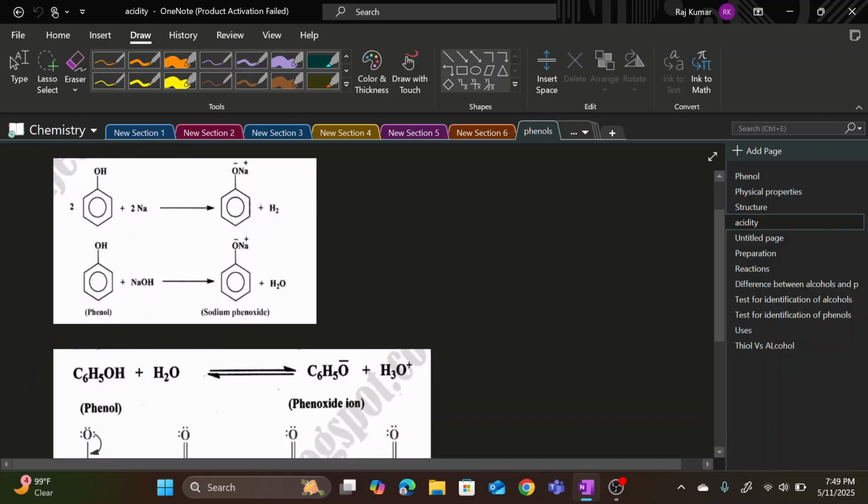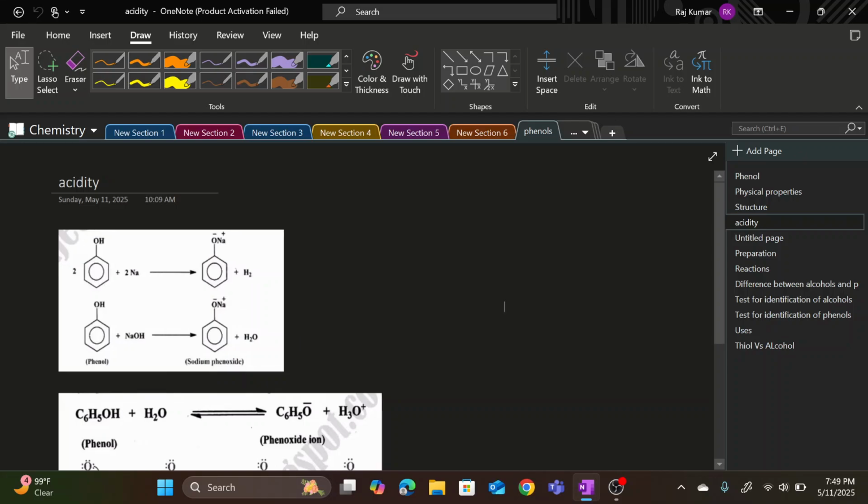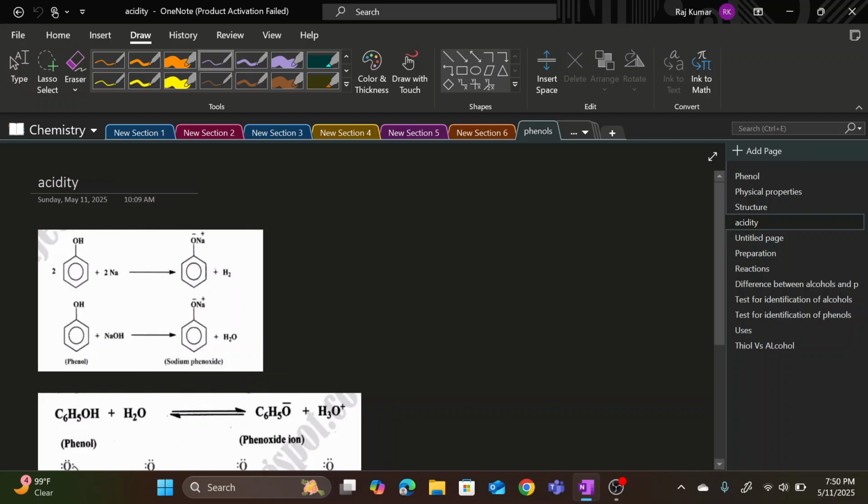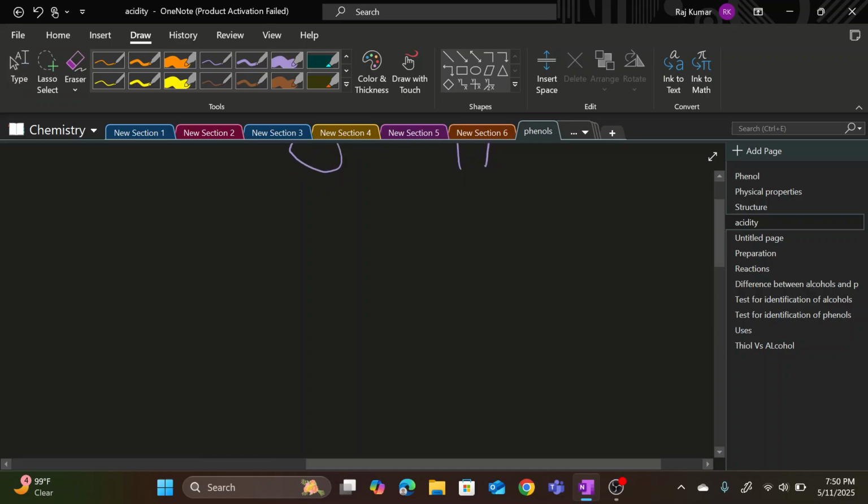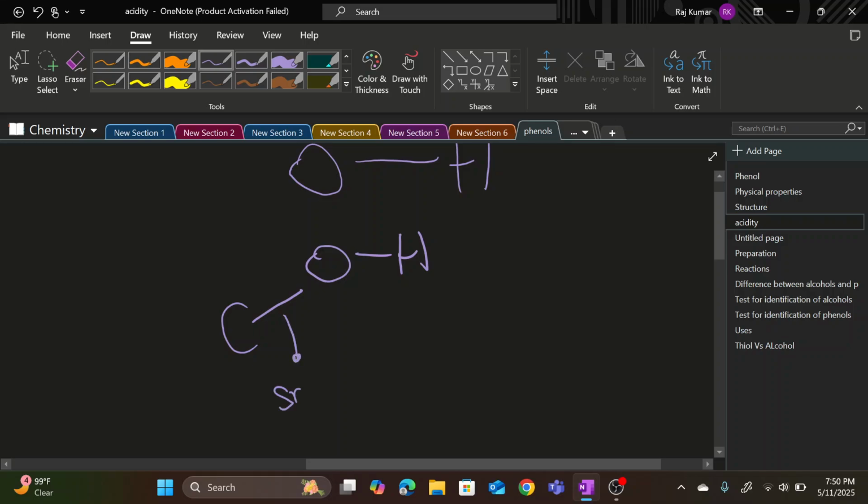Alright, now let's look into the acidity. Phenols are acidic in nature. Why are they acidic? Because of the oxygen to hydrogen bond formed in phenol, which can be correlated with the carbon to oxygen bond.